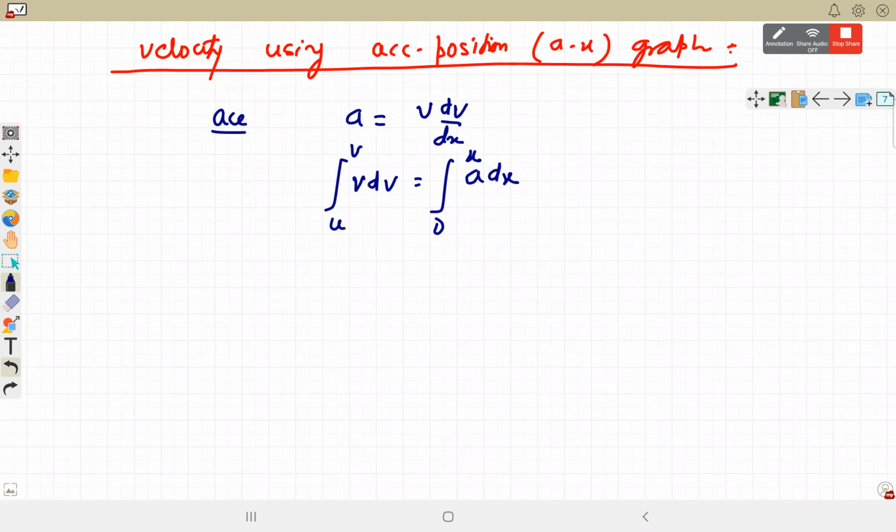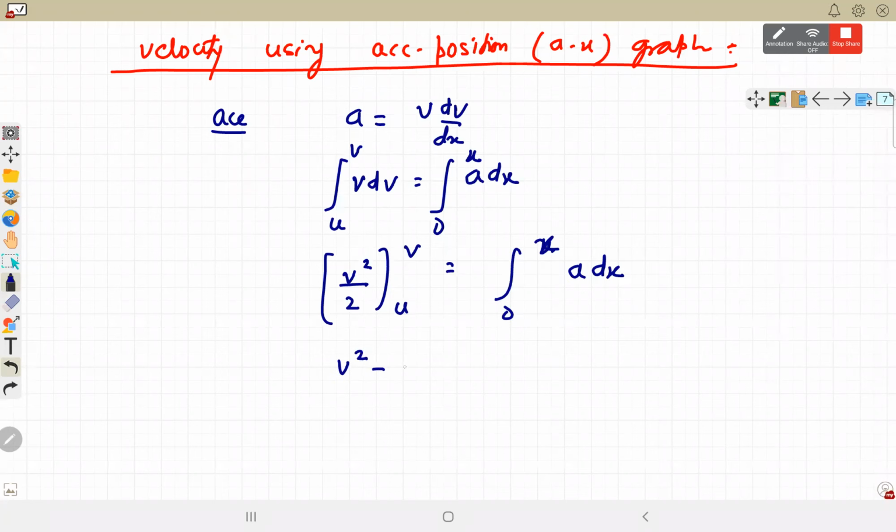Right side integration will represent area. Left side में जब v को integrate करते हैं तो v square by 2. It becomes v square minus u square by 2 equals the integral from 0 to x of a dx. Right?